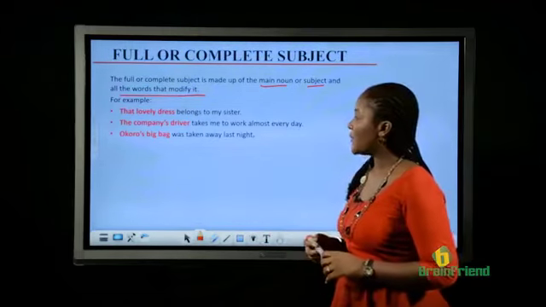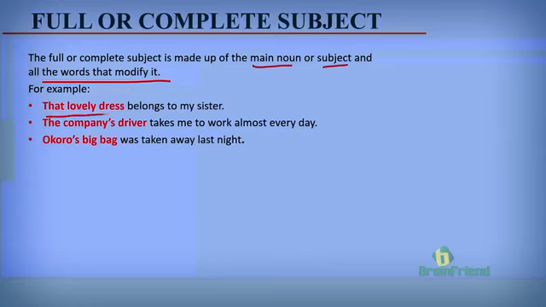For example, that lovely dress belongs to my sister. The expression, that lovely dress, is a full or complete subject because it consists of the main noun here, which is dress, and these words, that lovely, which describe or modify the word dress. So, that lovely dress is a full or complete subject.